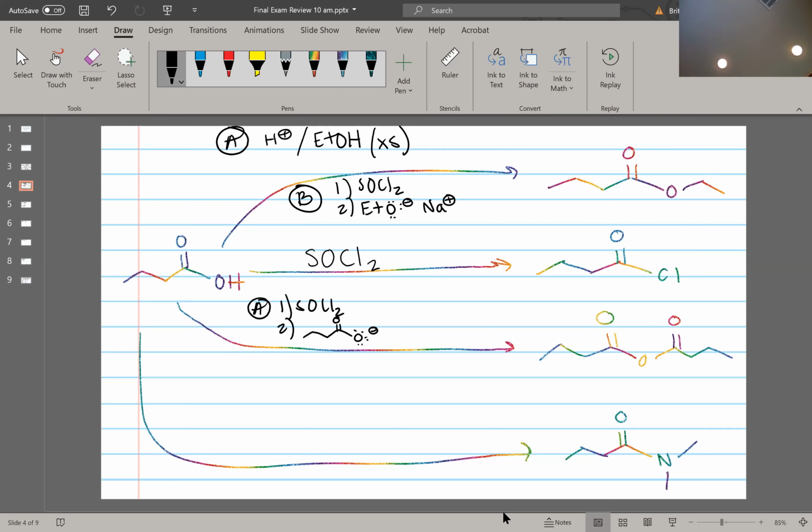You could also add in less than one equivalent of thionyl chloride, because then you're going to create some of your acid halide and you'll still have some carboxylic acid. What else could we do?